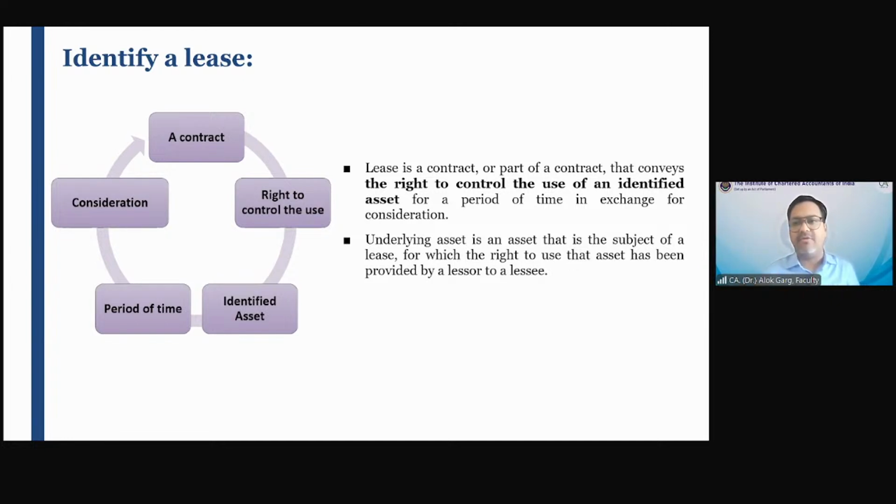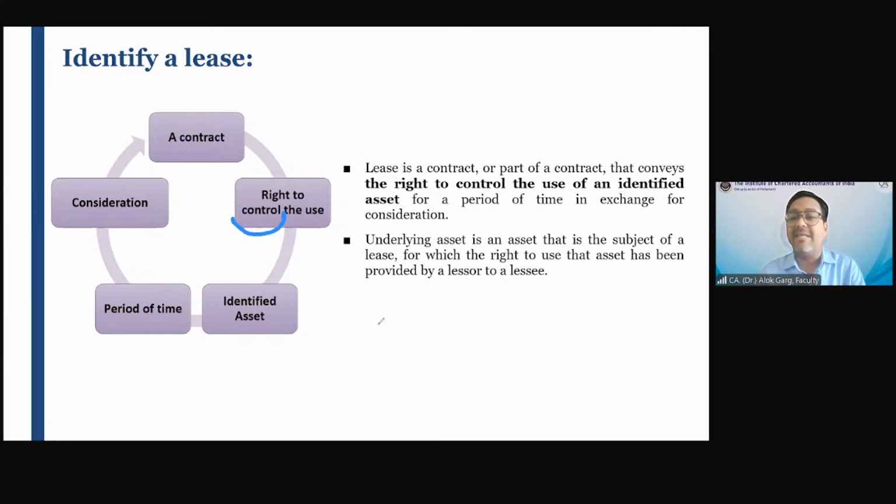It's a contract, and whenever there is a contract, it has to be between two or more parties. Lease is a contract between two or more parties where there is a right to use or right to control the use.